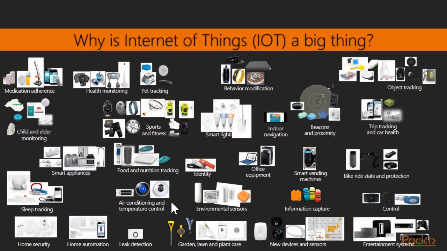Now if you're wondering why IoT is a really big thing, I think this image summarizes it all. It's all about devices that we have available that are turning into smarter devices and they have an internet connection. Some examples are air conditioning machines and temperature control, which is managed by your electricity company.